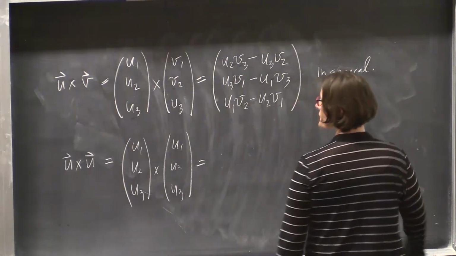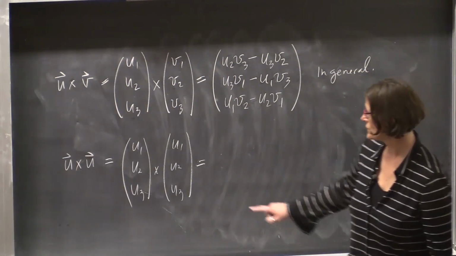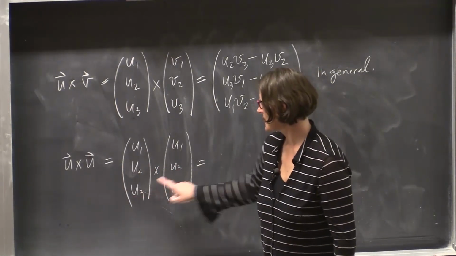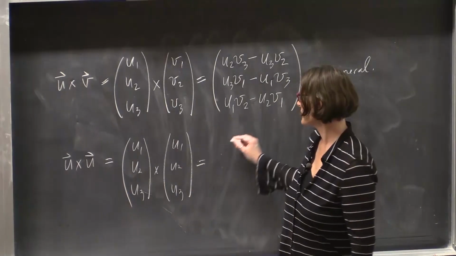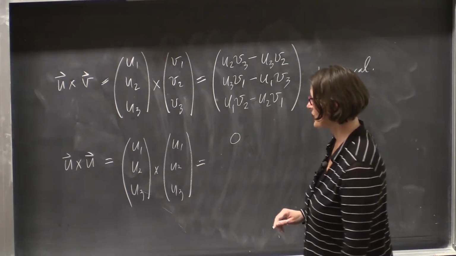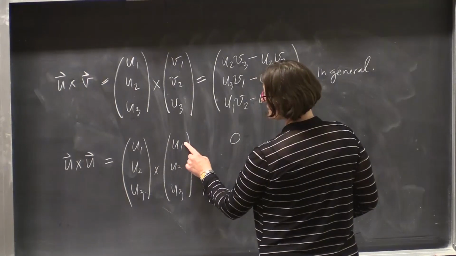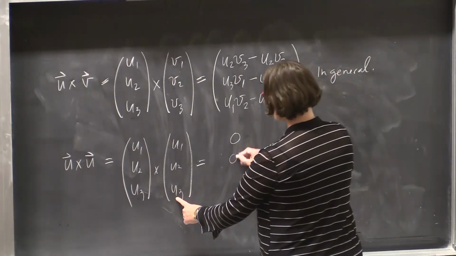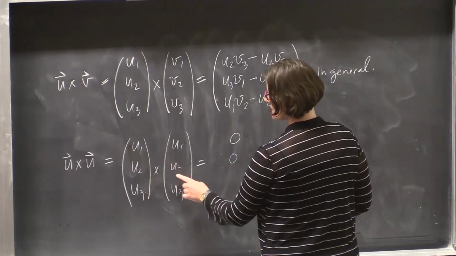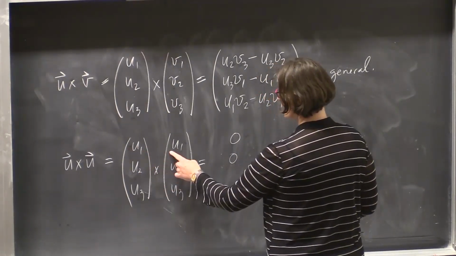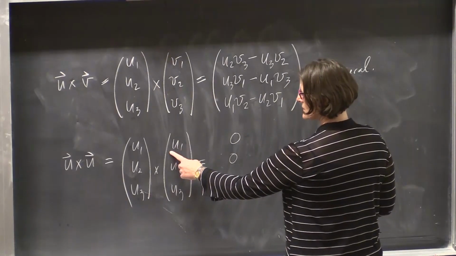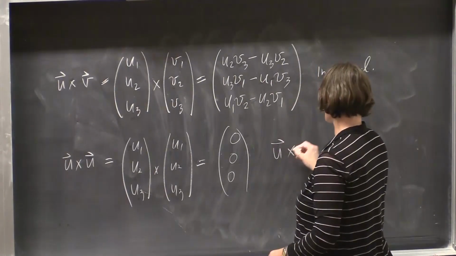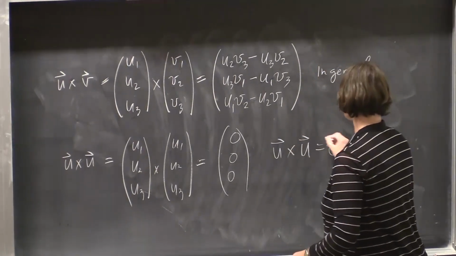For the first entry of the cross product, you do this times this minus this times that, and what do you get? 0. For the second entry of the cross product, you do this times this minus this times that, and you get 0. And for the third entry, this times this minus this times that, and you get 0. So in general, a vector crossed with itself is the 0 vector.